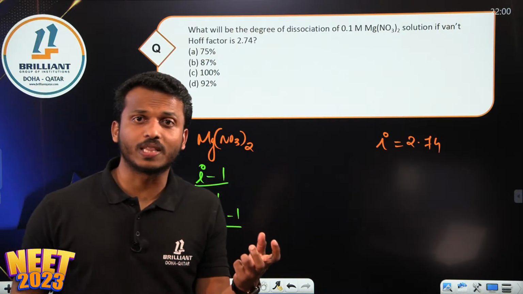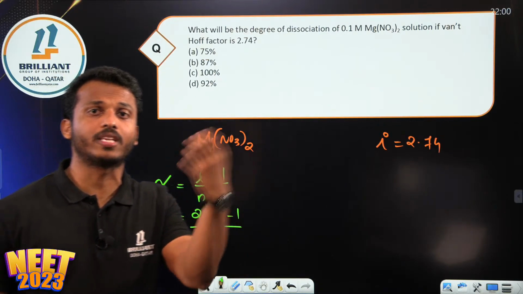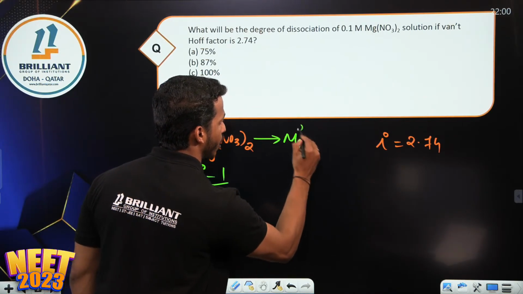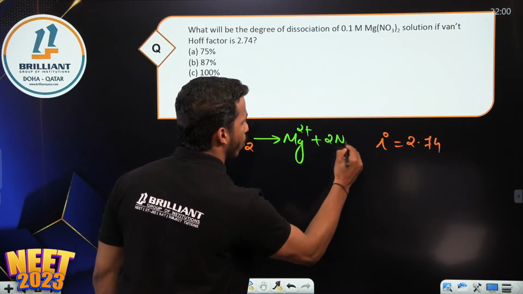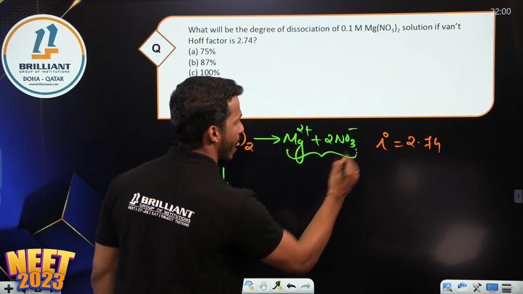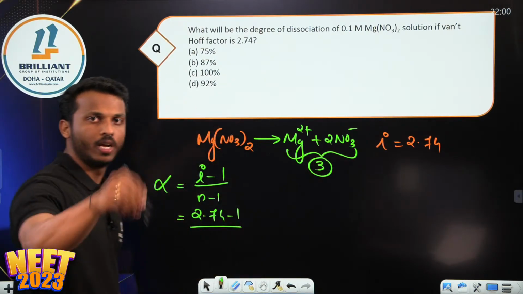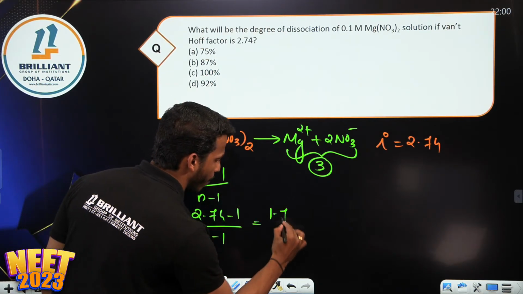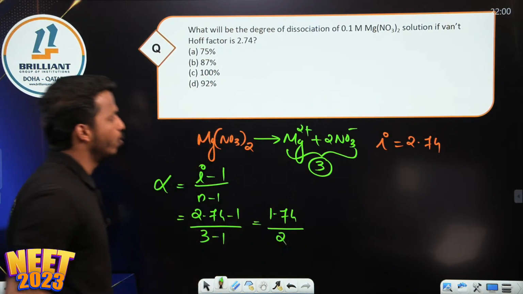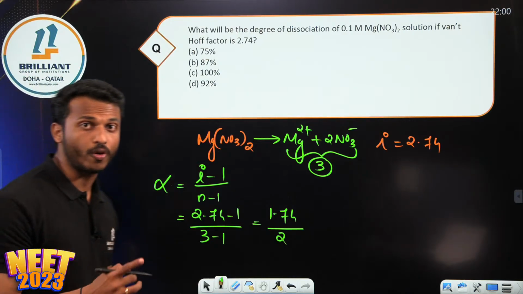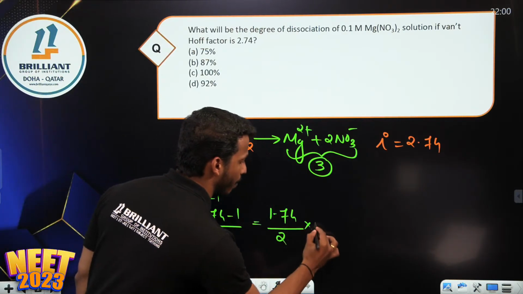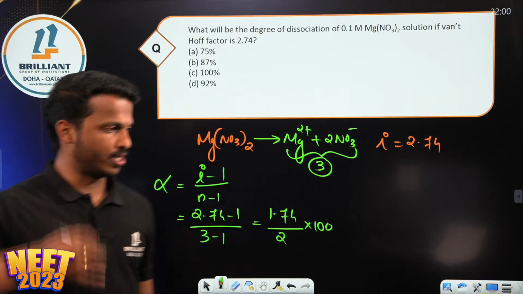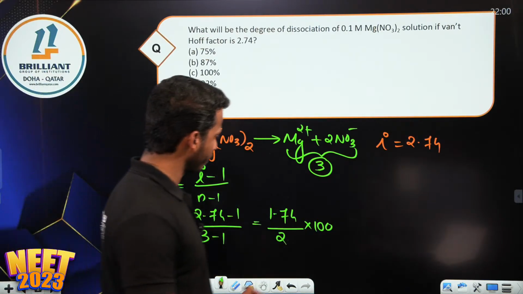The n value is the number of species given by the dissociation. Mg(NO3)2 when split gives Mg2+ and 2 NO3-, total 3 ions. So n value is equal to 3. So we can substitute 3 minus 1. That's equal to 1.74 divided by 2. That's nearly. And dear all, don't forget, the final answer we should multiply by 100, because degree of dissociation is expressed in percentage. What is the correct answer, dear all?